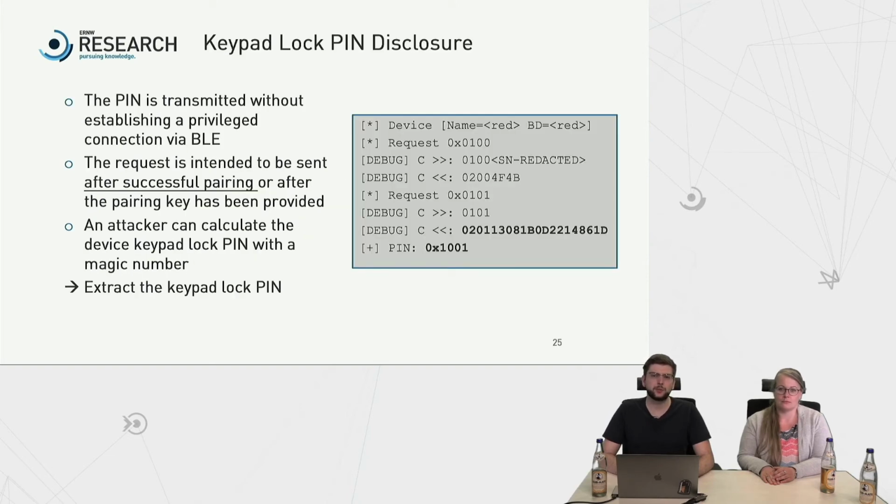An interesting find was that a communicating party does not need to be paired to extract the pin. The pin is not directly transmitted but can be calculated in the app with information requested. This enables attackers to extract the lock pin of every Dana RS insulin pump in his or her Bluetooth Low Energy range.